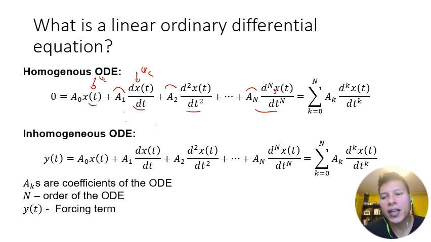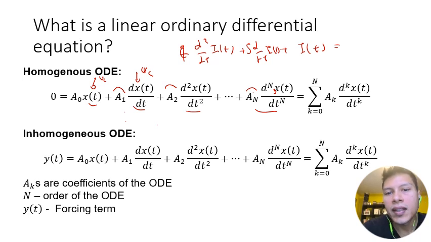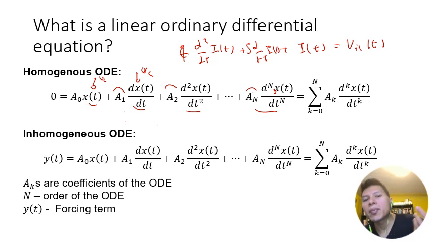Later on, we're going to look at a bunch of circuits, and we're going to get things like d²/dt² of i(t) plus a coefficient, which could be, let's say, 7, times d/dt of i(t), plus 5 times i(t), equals some function, which could be the input voltage v_in(t). We're going to derive a bunch of these for the circuits.